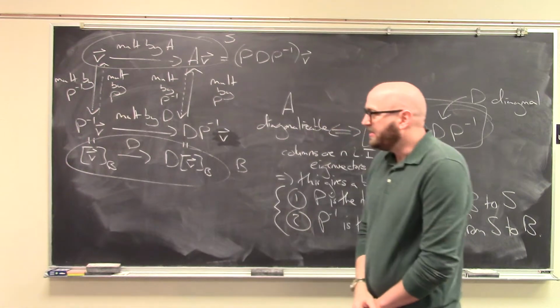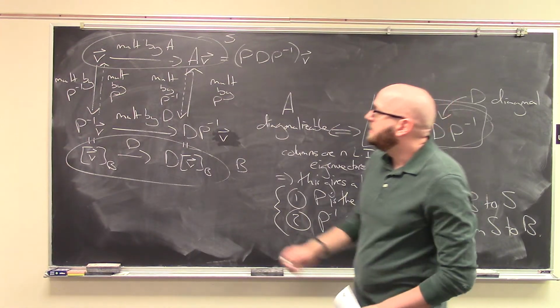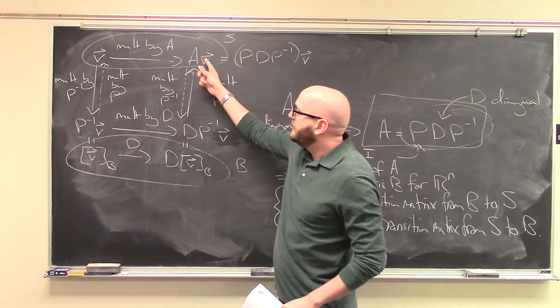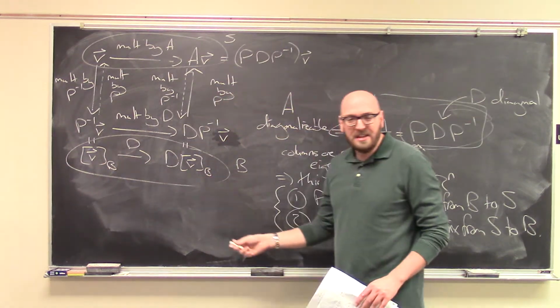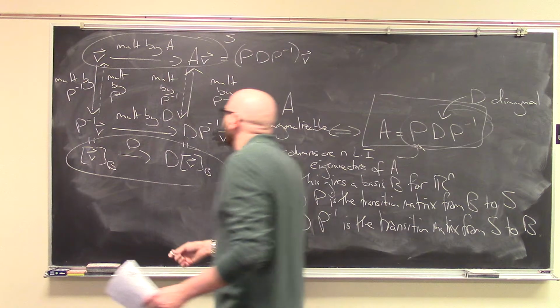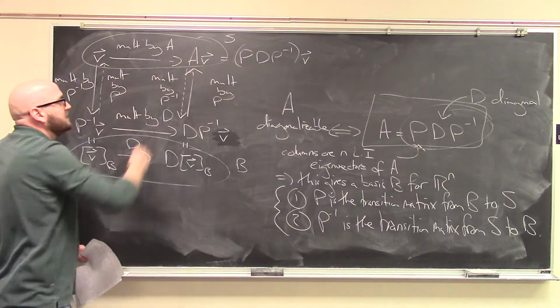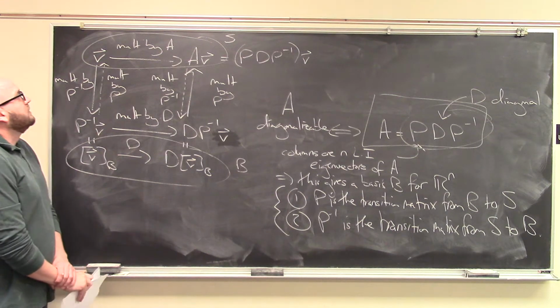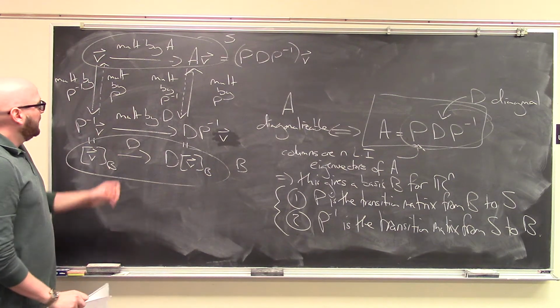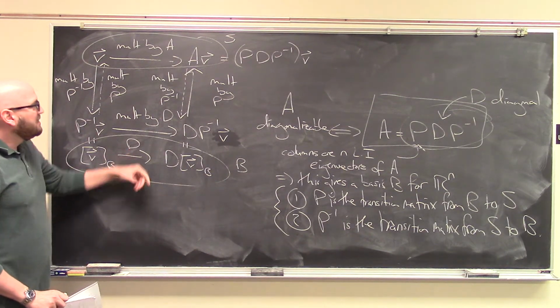And it's the same process. I'm taking the vector V in S coordinates and multiplying on the left by A, and down here I'm taking the vector V in B coordinates and multiplying on the left by D, and I'm really getting the same result. They're related just by multiplication by this transition matrix. So the way you should think of this diagram is that D is just the B coordinate version of A.